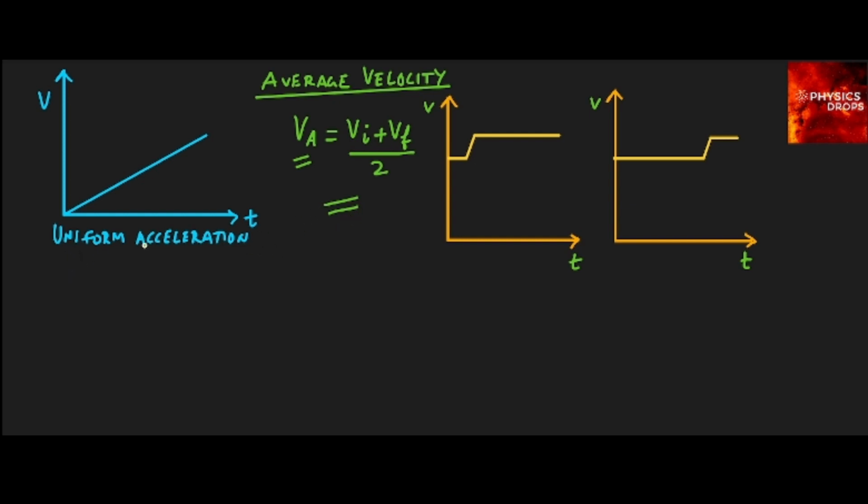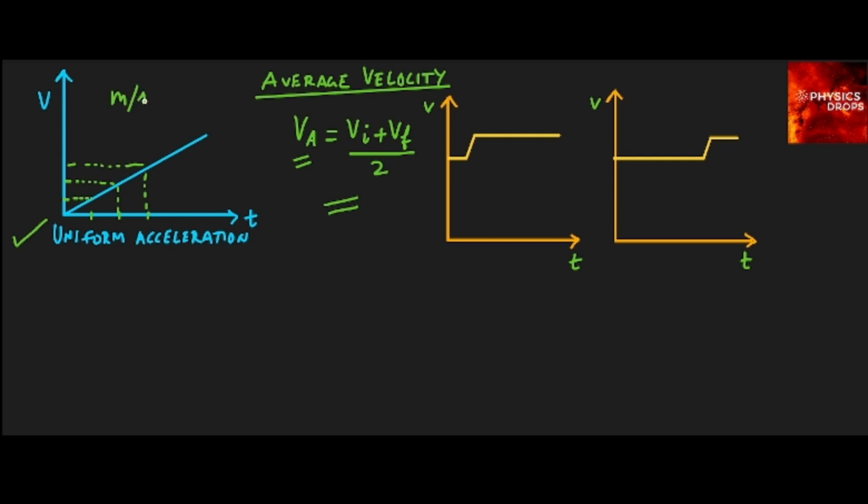Let's take the case of uniform acceleration as shown in this plot here, which is a time versus velocity plot. In the first 1 second, a particular velocity gets added to the object. In the next 1 second, the same amount of velocity gets added. The third second, the same amount of velocity gets added to the particle, which means the acceleration is uniform.